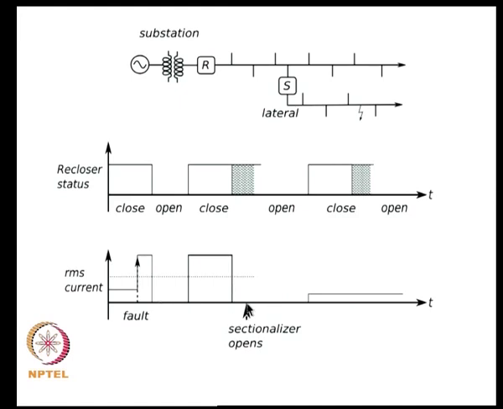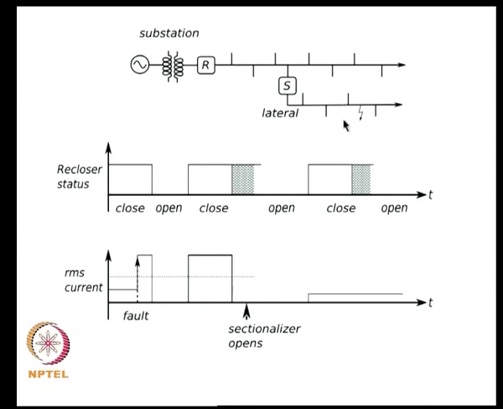The second thing is the sectionalizer is opening when the recloser is open, which means that you just need a simple contactor type of switch rather than a circuit breaker. So, it is interrupting at low current levels, or ideally at 0 current levels. So, you could have a lower cost device as a sectionalizer.